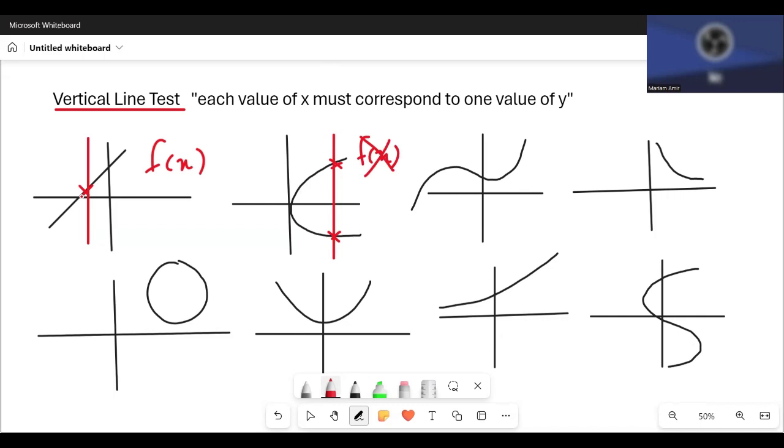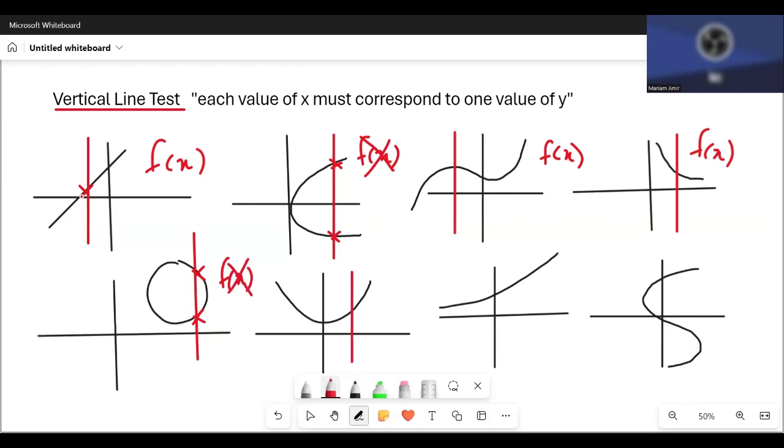For this one, you draw the vertical line anywhere and it only cuts at one point, so this is the graph of a function. So is this graph. This is not the graph of a function because the vertical line does not cut the graph at only one point.